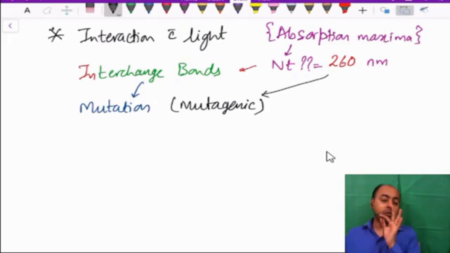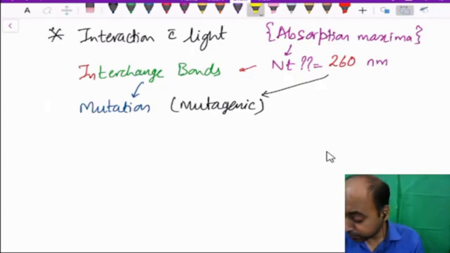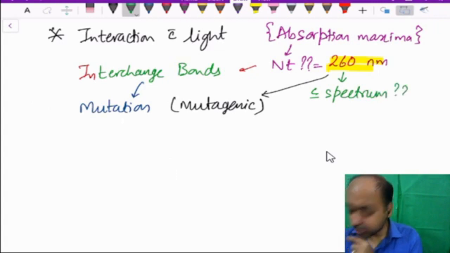Now, when we talk about the light spectrum, we divide it into three groups: the visible light, the infrared spectrum, and the ultraviolet spectrum. In which spectrum does this range fall?